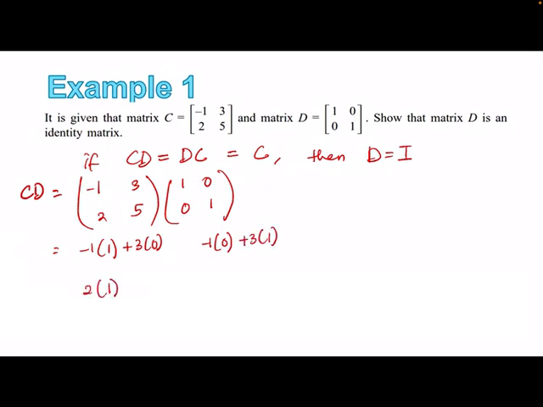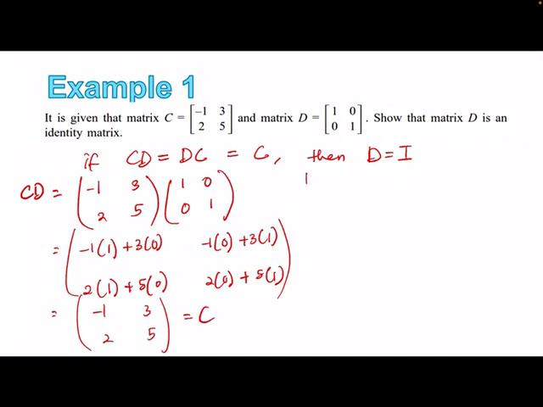Second row: 2 times 1 plus 5 times 0, 2 times 0 plus 5 times 1. So the answer is [-1, 3; 2, 5], which equals matrix C.